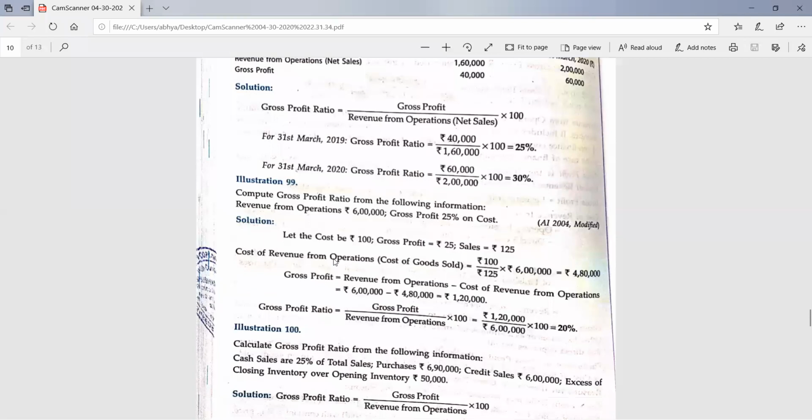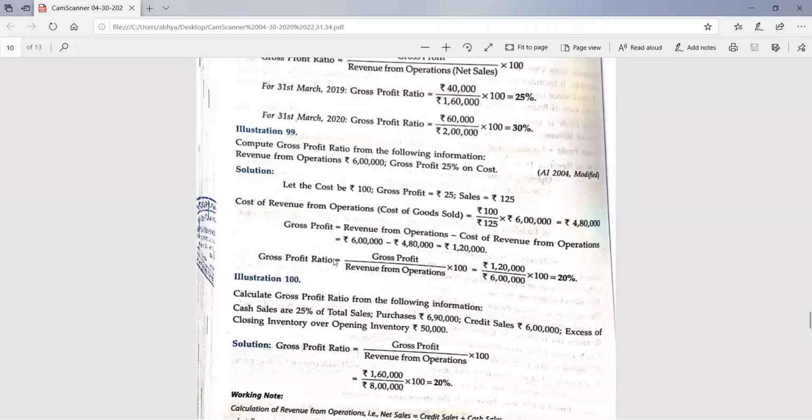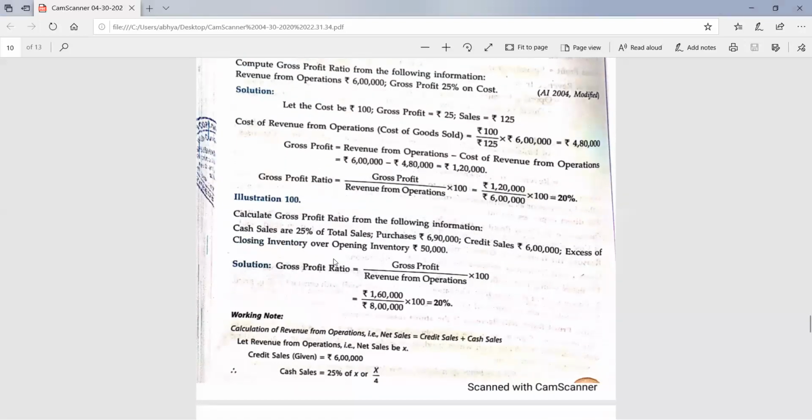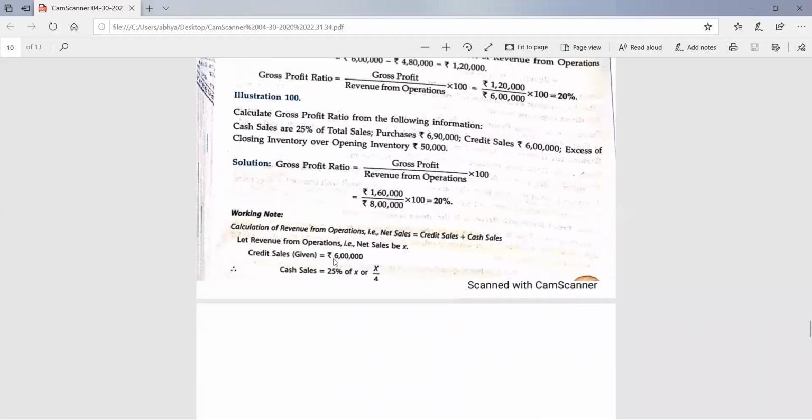Then, yes, Ayush has given me the answer. I am waiting for other students' answers. Yes, very good, Ayush. So the total sales will be here.